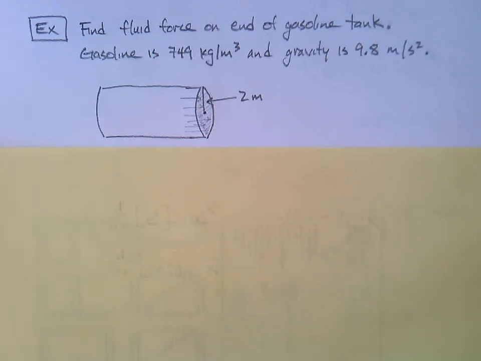Now, another big difference, and why I chose this example for us here, is the end of that tank is circular. And there's a different way I would recommend approaching a circular plate, whether it's submerged or if it's a tank in this case. We're going to have to set up an XY plane again.